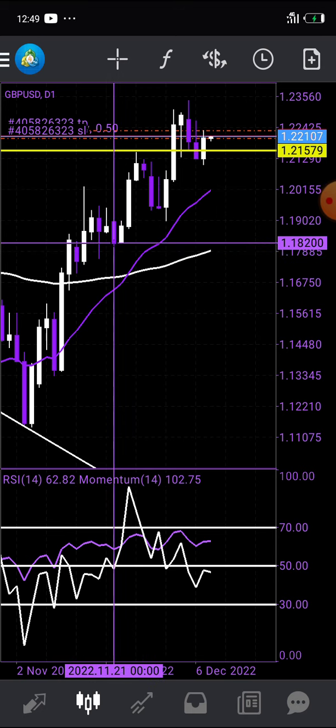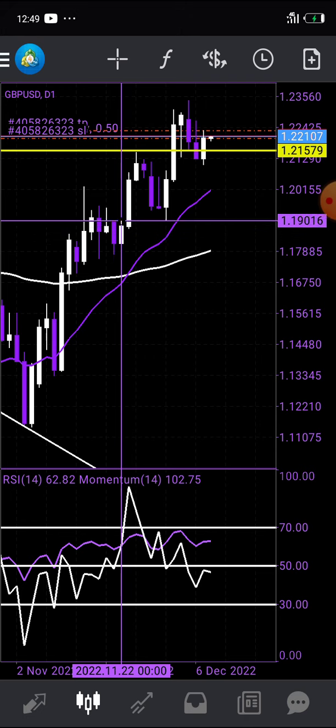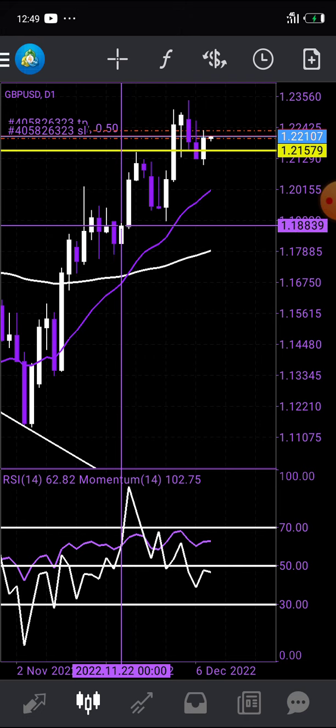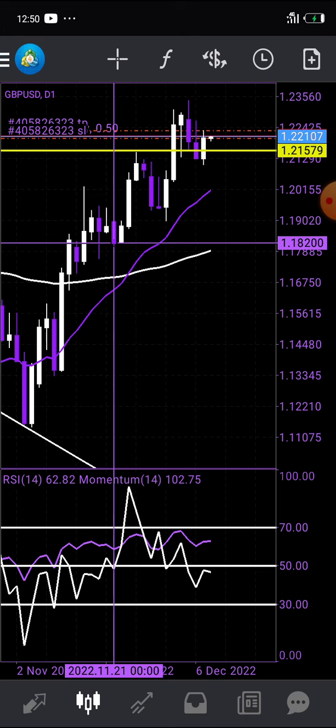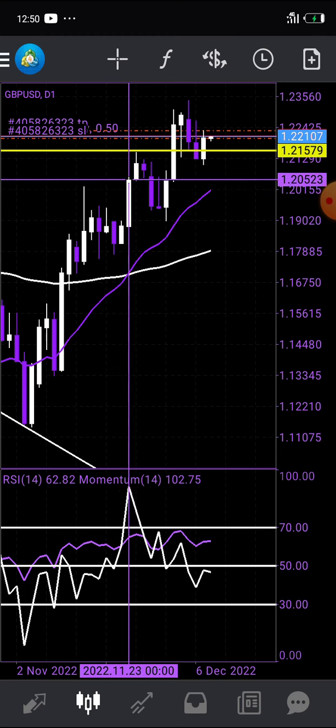That's over 100 pips right here. On our 0.5 lot size, this is close to $1,000. So if you had held this trade from this level to this point where it came down to retest, that's like 100 pips.